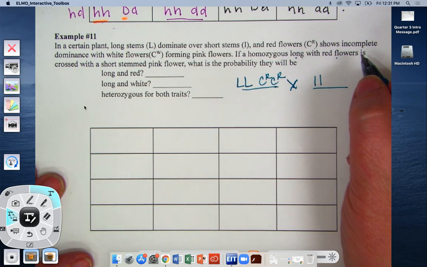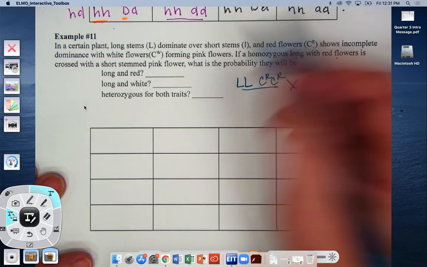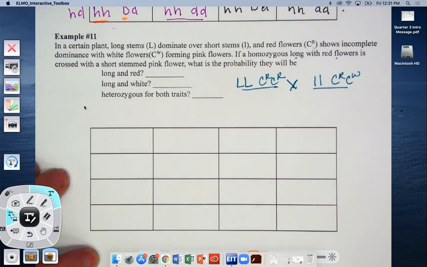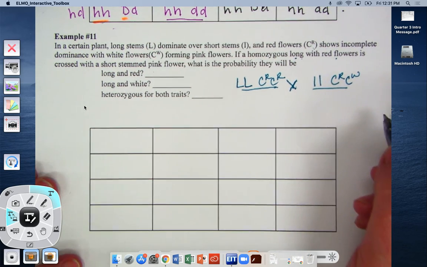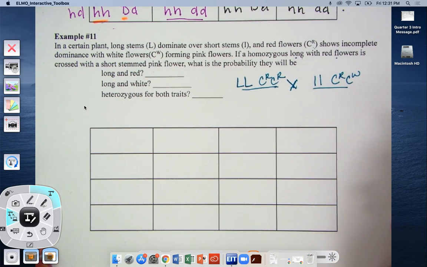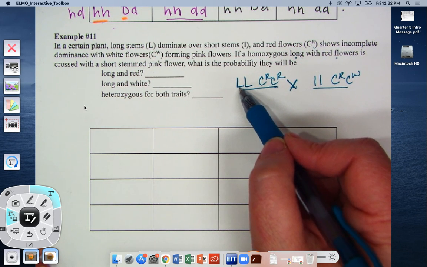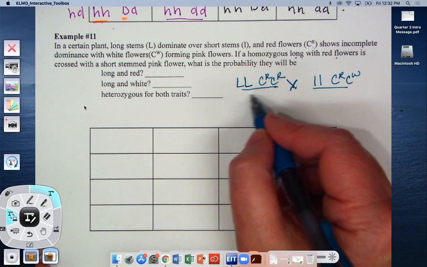We can just make up the letters. Should we use CRCW? That's what I'm going to do. CRCW, we're just going to make that one up. Could be CWCR, who cares? All right. Now, let us do FOIL.